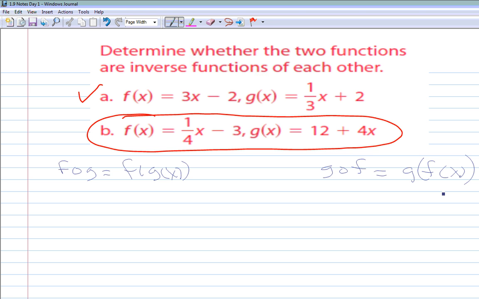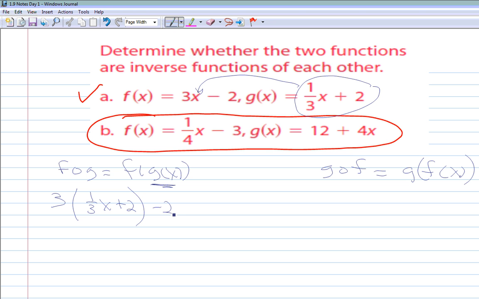All right, and we'll see what happens. So for the first one, we're going to take the g function, which is all of this, and plug it in for the x in the f function. Let's see what happens. So I go 3 parentheses, and for my x, I put 1/3 x plus 2, and then I still have minus 2.